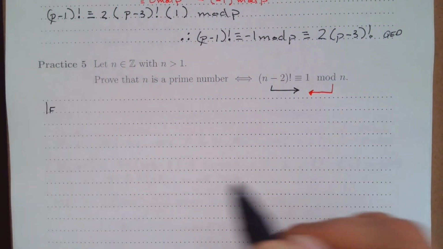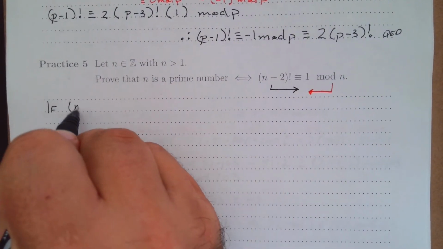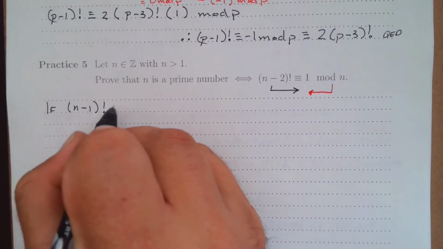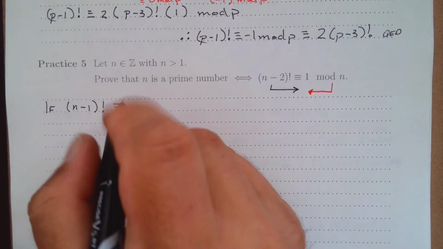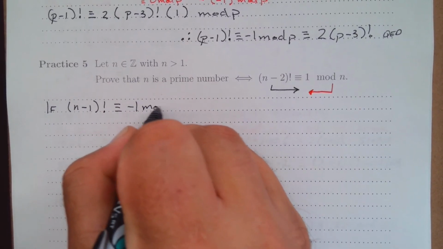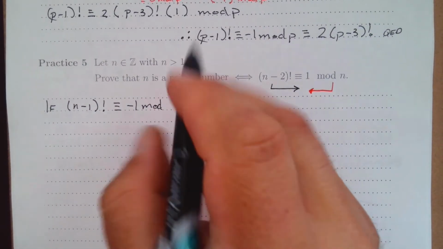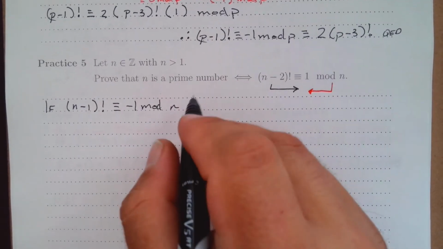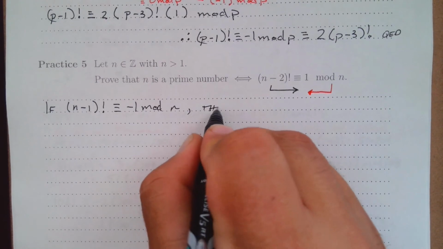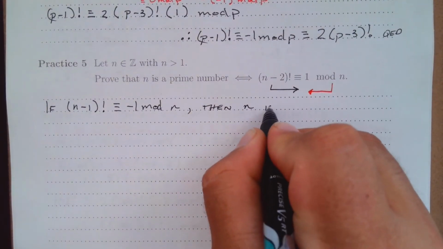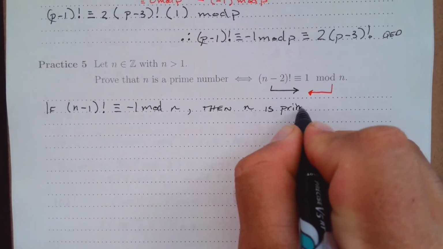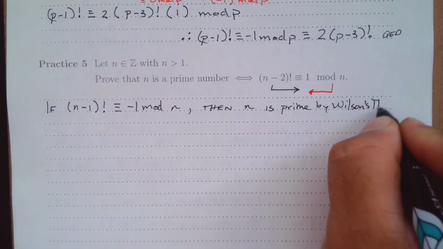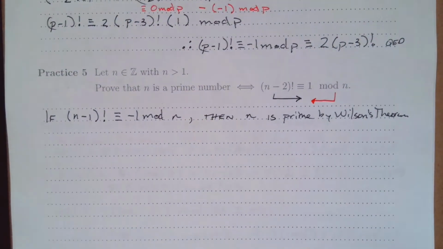So if (n minus 1)! is equivalent to negative 1 mod n, okay, then n is prime by Wilson's theorem.